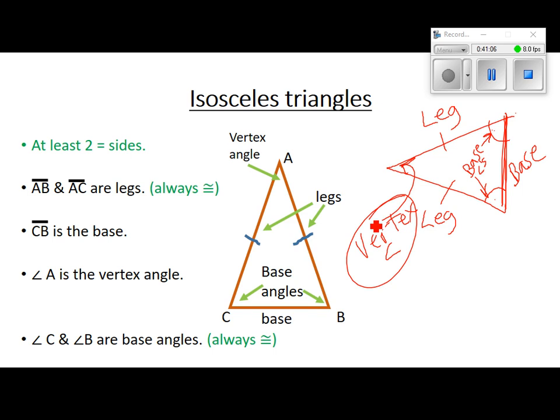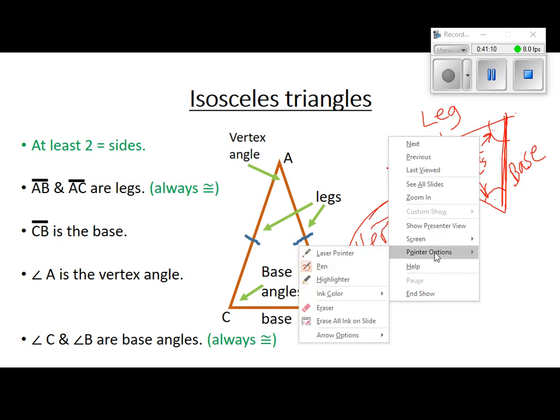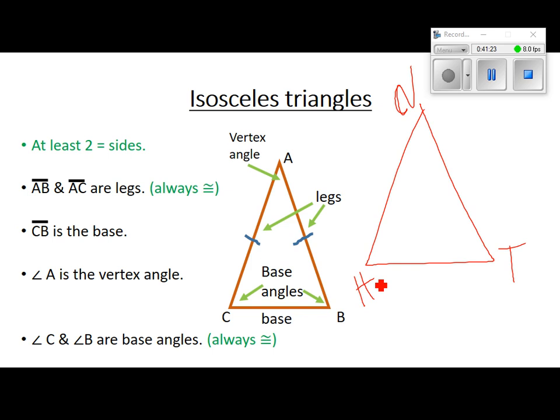So if I did this, that's an N. Angle N is the vertex of this isosceles triangle.